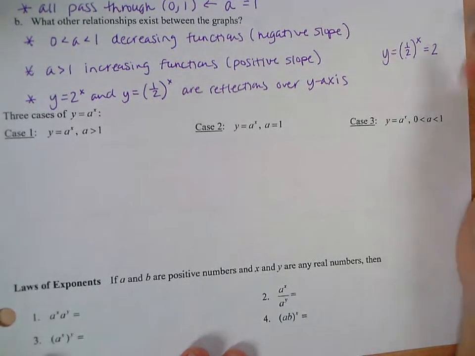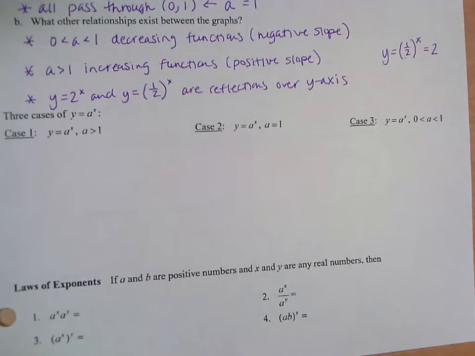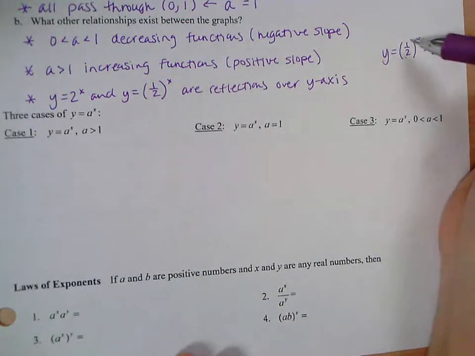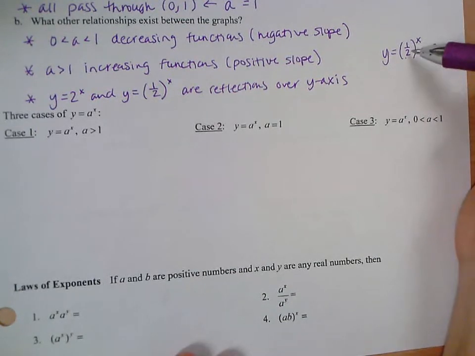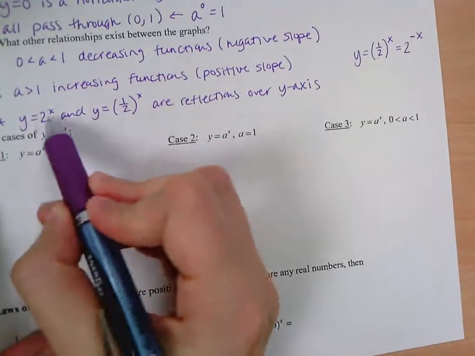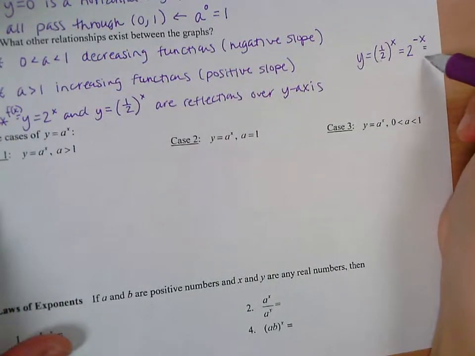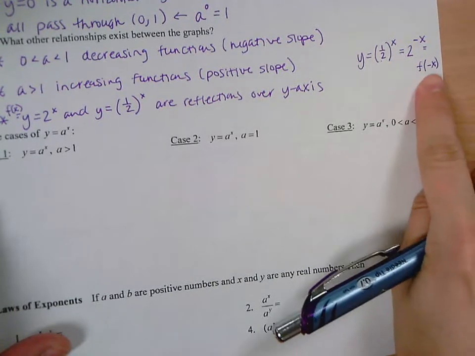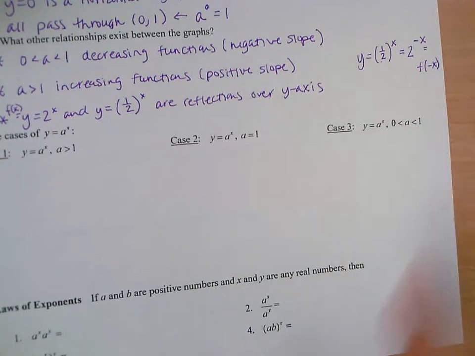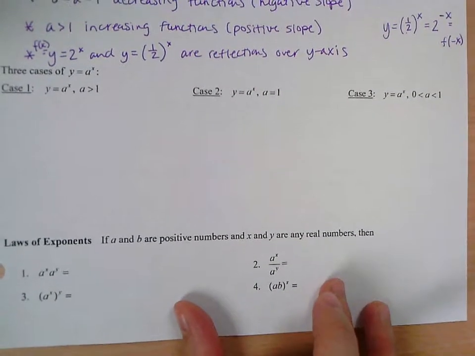So it turns negative. I'm talking about algebraic properties. So if I flip the base, usually we make a negative exponent positive, but we could also make it negative. If I take the reciprocal of the base, now the exponent is negative x. And this is really then, if 2 to the x is f of x, this then is f of negative x, which is a reflection over the y-axis when we talked about transformation.